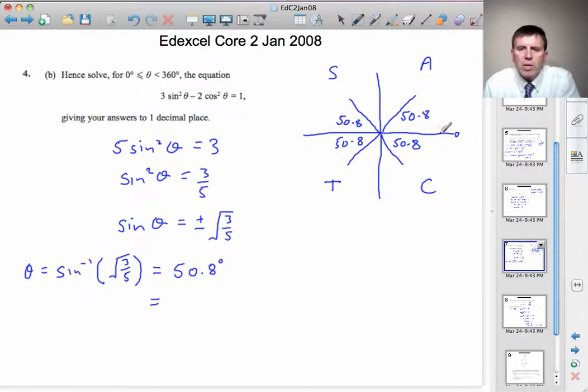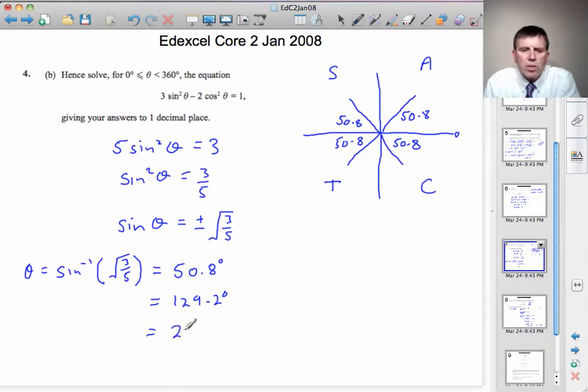The next one, measuring from 0 anti-clockwise to here, that would be 180 minus 50.8. So that's 129.2 degrees. And the third one, come around from 0 anti-clockwise all the way around to here, and that's 180 plus another 50.8.